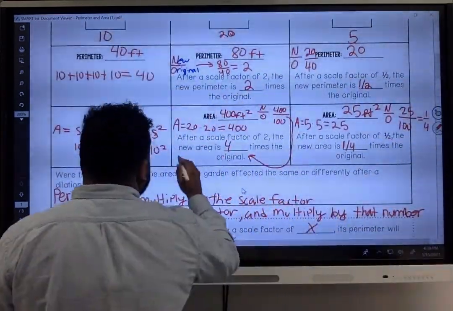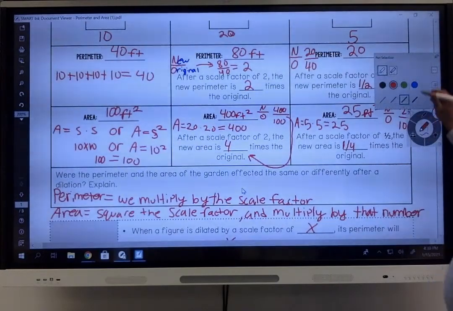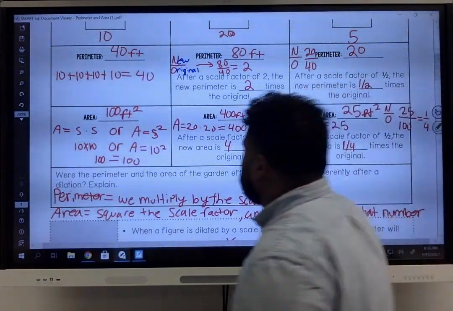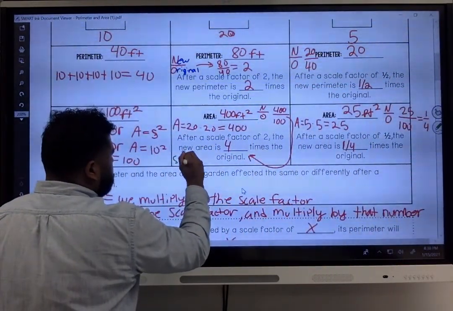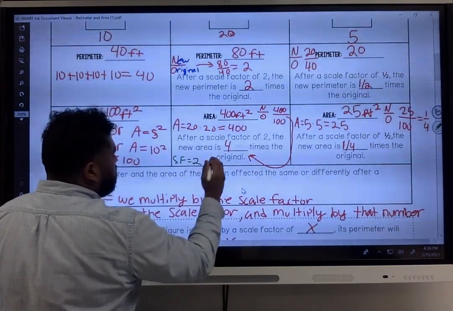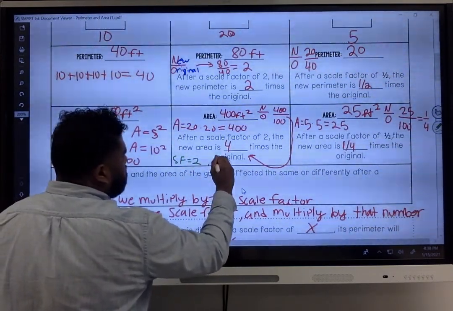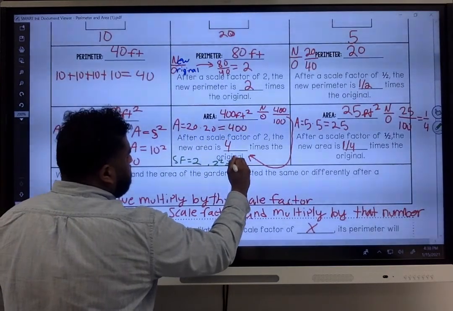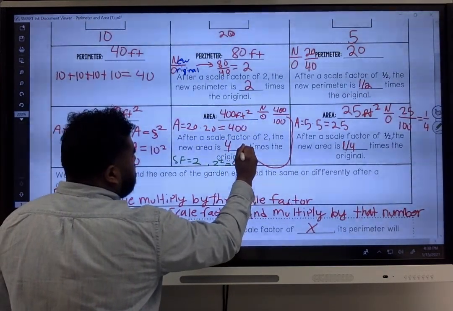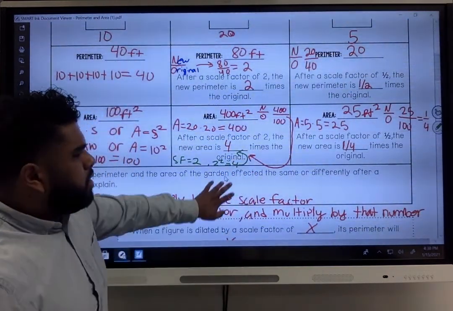Okay, because, let me go ahead and write this in green. Our scale factor was 2. Well, 2 squared equals 4, right? That's how we get it right here. Same thing over here.